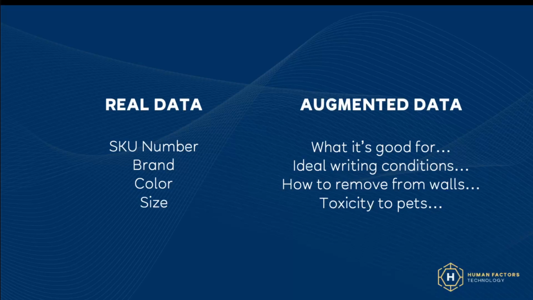Another good example might be ideal writing conditions. So think about a Sharpie. A Sharpie is great for writing on certain things in certain ways and certain capabilities. However, a Sharpie might not be great for writing on something underwater.